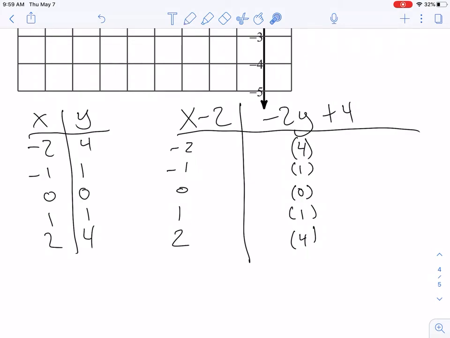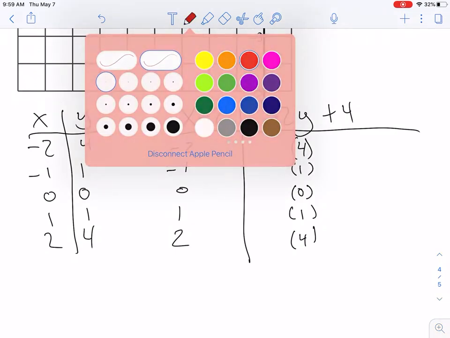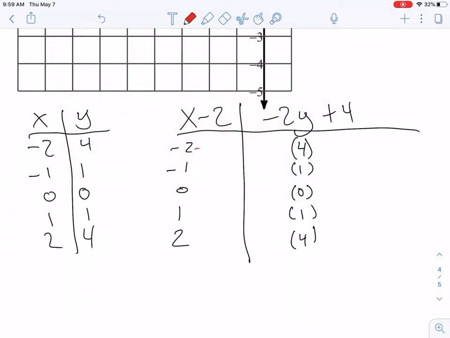But my y value, I know it's going to be multiplying with this 2, and I use parentheses to show multiplying. So let's see here. I'm going to fill in the rest of this. We're subtracting 2 from every x value. We are multiplying by negative 2 and then adding 4 to every y value.